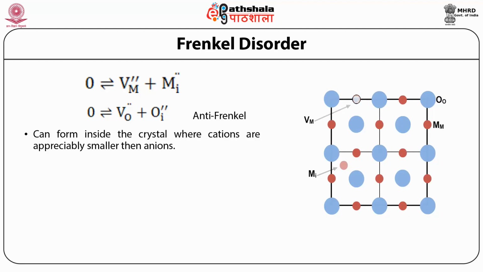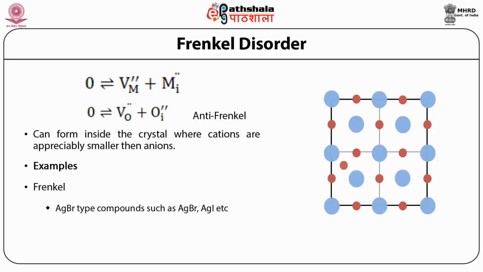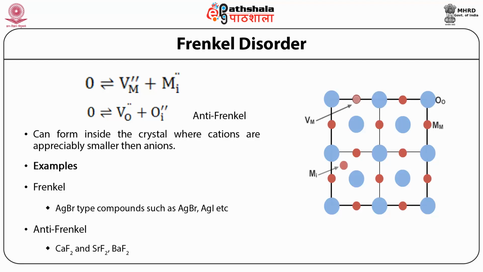Some examples of compounds showing this defect are AgBr, that is silver bromide type compounds such as AgI, AgBr, etc. However, the examples for anti-Frenkel are CaF2, that is calcium fluoride, SrF2, that is strontium fluoride, and BaF2, that is barium fluoride.